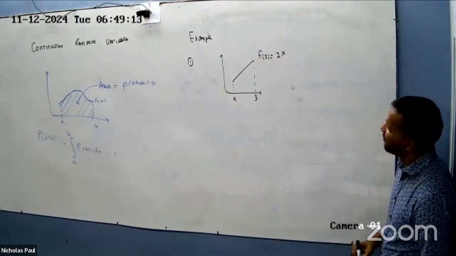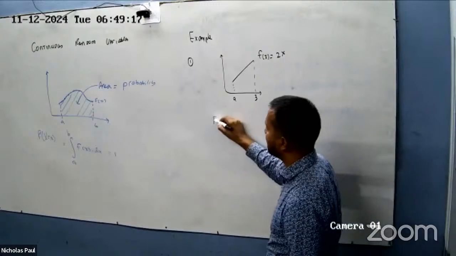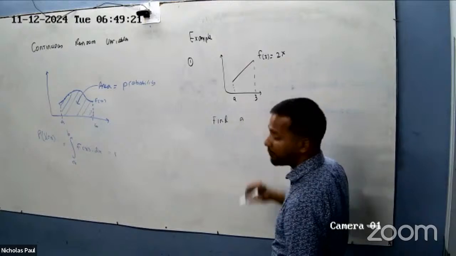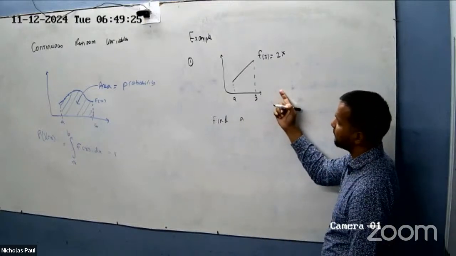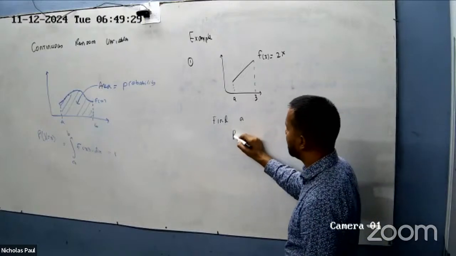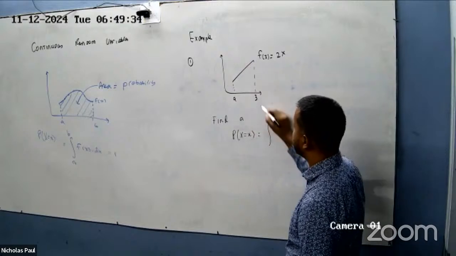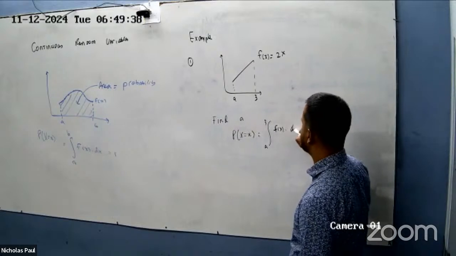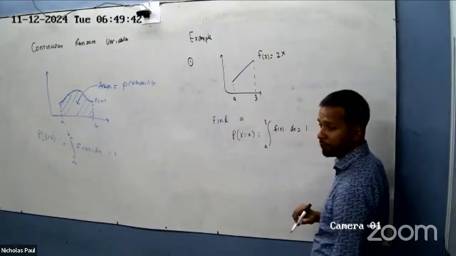And they might ask you, using that bit of information, to find A. So we have a continuous random variable and they want us to find A. What do we know? We know that the probability of x is the integral between 3 and A of f of x, and that integral is equal to 1.